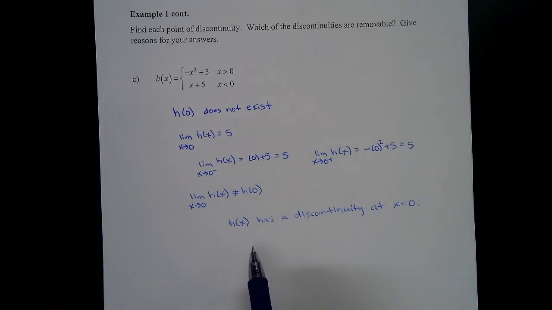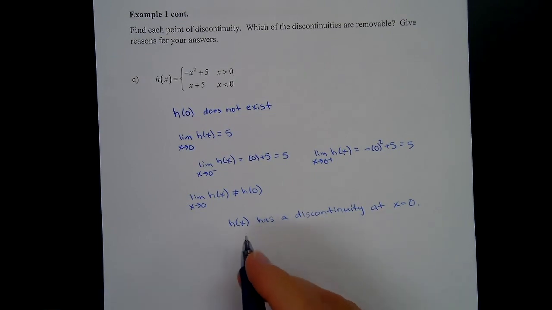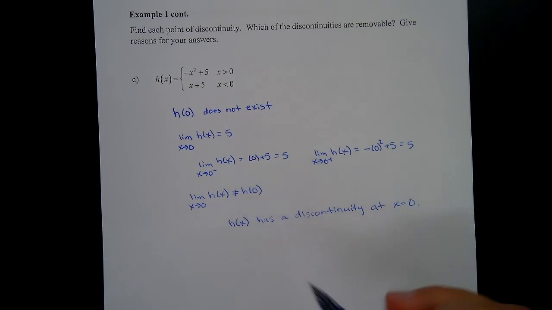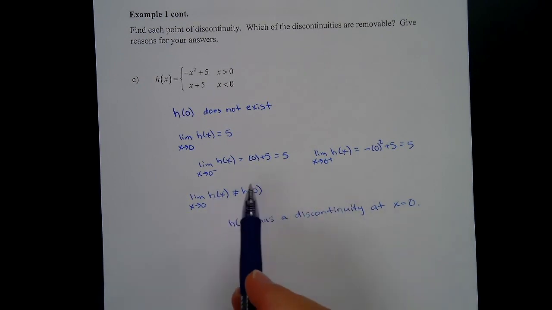So what we have here is h of x has a discontinuity at x equals 0, like I said, okay? Because the limits as you approach x equals 0 from either side are 5, but there's a hole there.